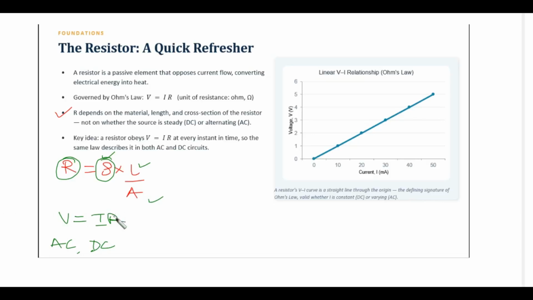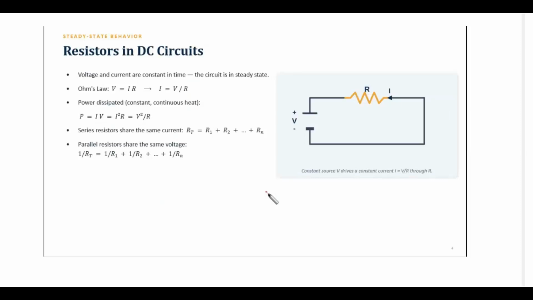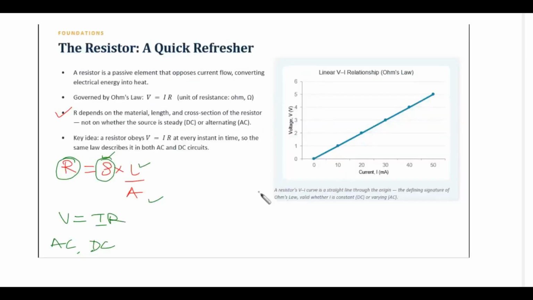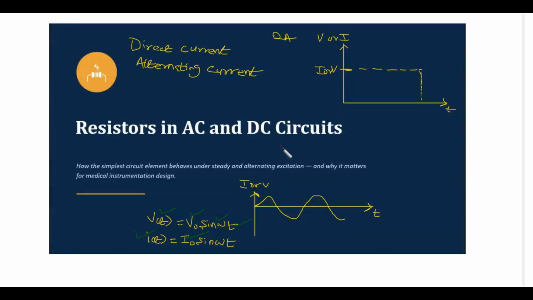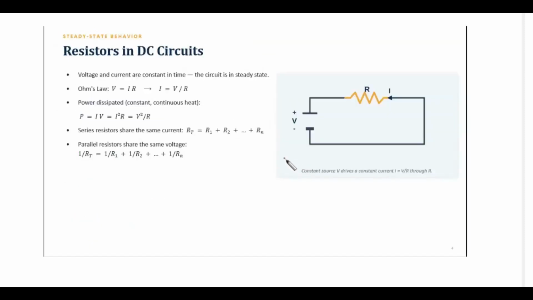If you plot your voltage against current, you're going to have this graph, which describes the Ohm's law relationship for resistors. So if a DC is passing through a resistor, it will still obey Ohm's law. If an AC is passing through a resistor, it will still obey Ohm's law. That's what we want to see in this short discussion.